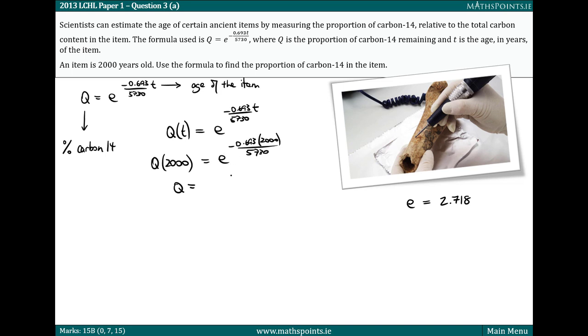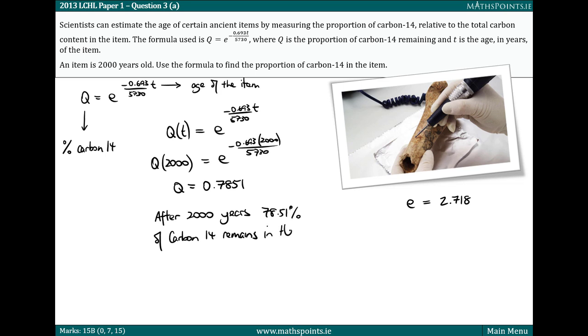But when we throw this into the calculator, we get the number 0.7851. And so what that tells us is that after 2,000 years, the percentage of carbon 14 left in the item is 78.51%. So 78.51% of carbon 14 remains in the item.